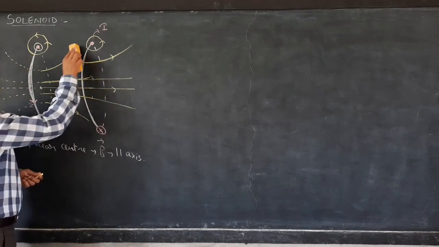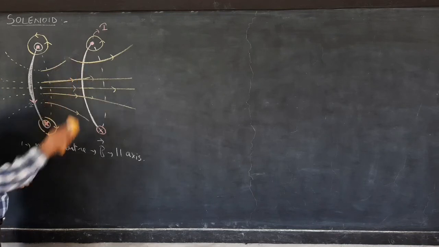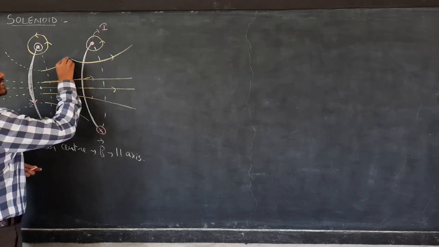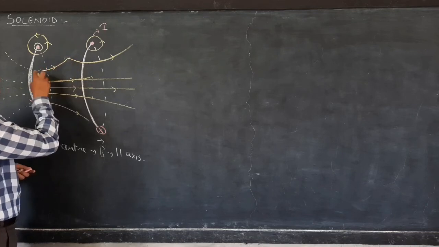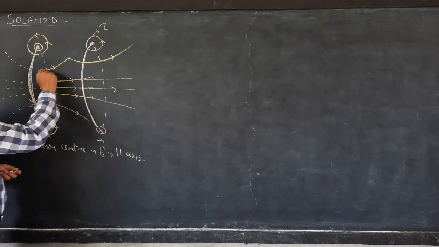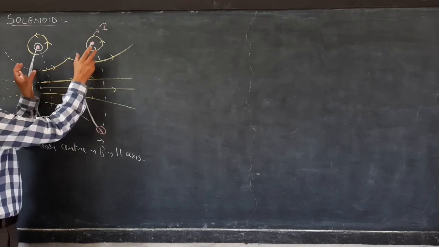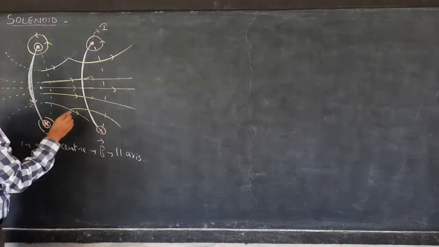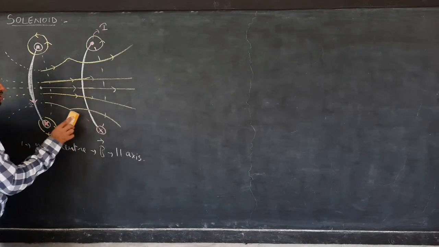Now these two will combine. The figure might look a bit exaggerated, but it will be like so. This is the magnetic field line due to both of the coils. Here also the pattern will change.